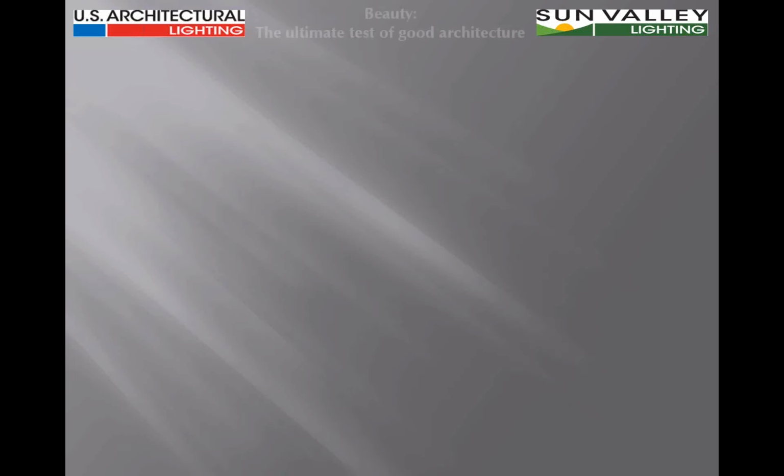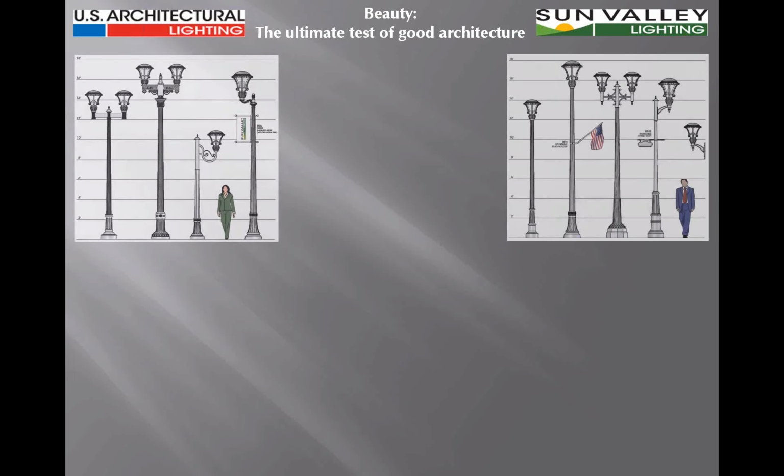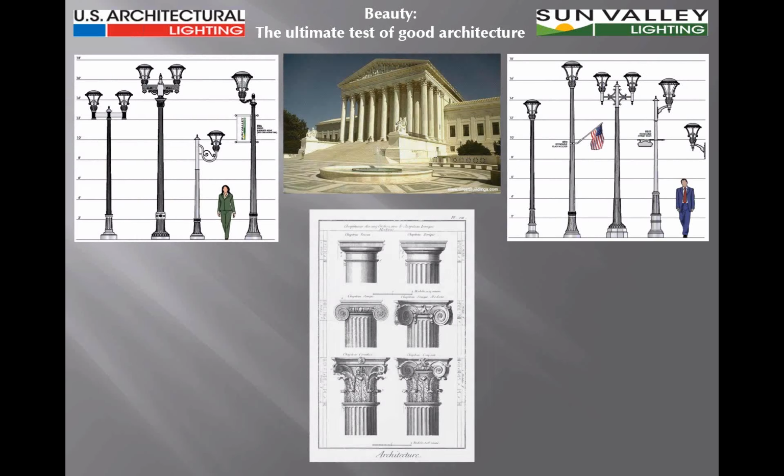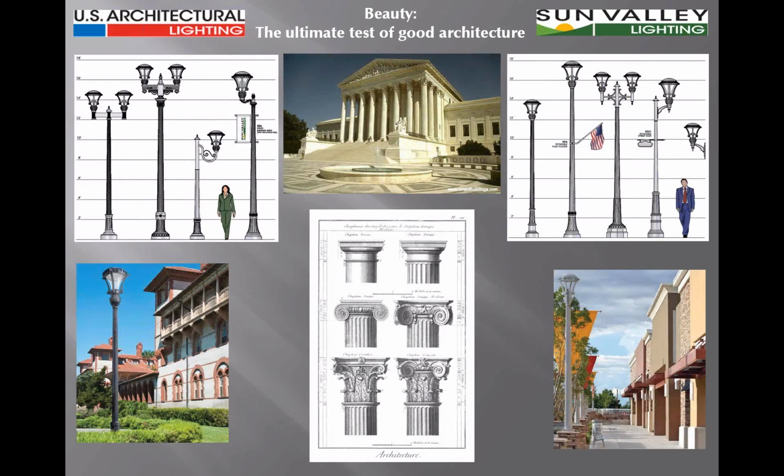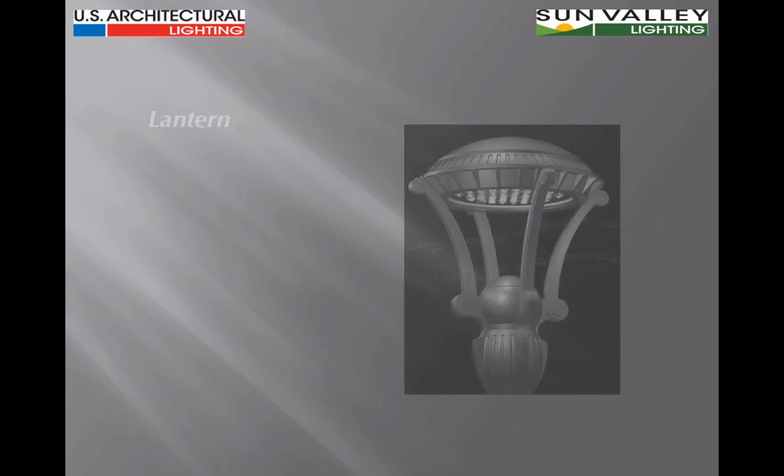And then the third fundamental principle of good architecture, beauty, the ultimate test. Whether it's beauty in the proportionality of the product line as it relates to the arms and poles and the sizes of fixtures, whether it's beauty in the individual components that relate it to traditional architecture or transitional architecture, there can be little doubt that the Mozart Lantern really meets the three fundamentals of good architecture.